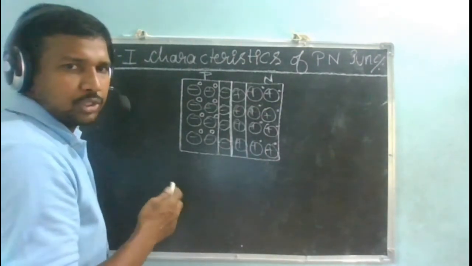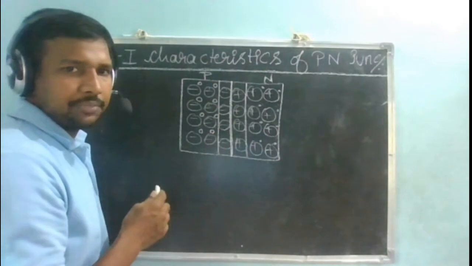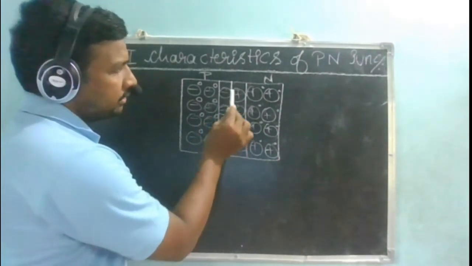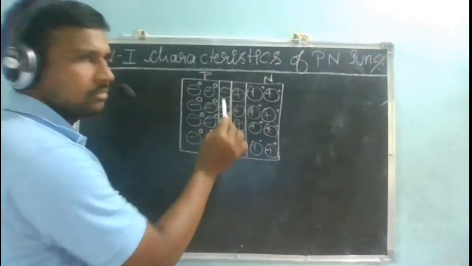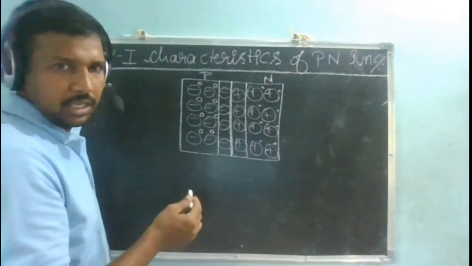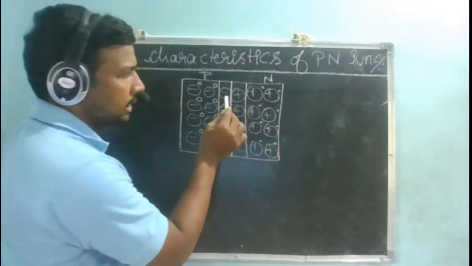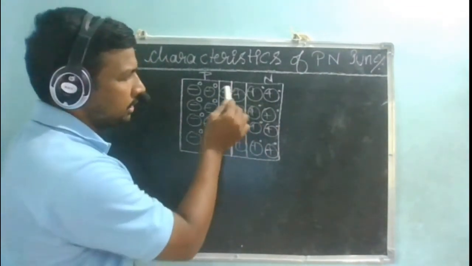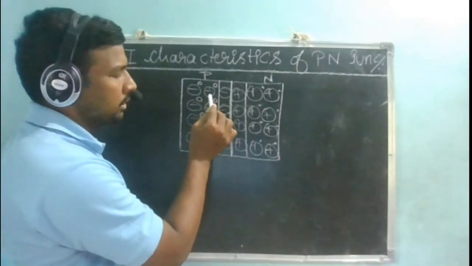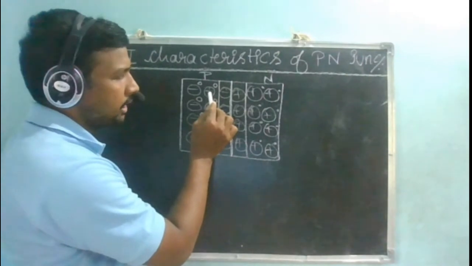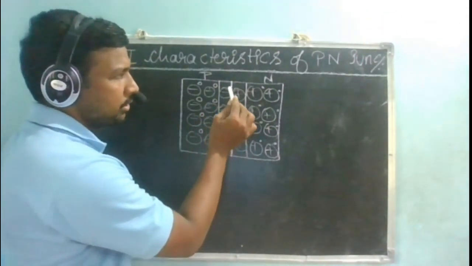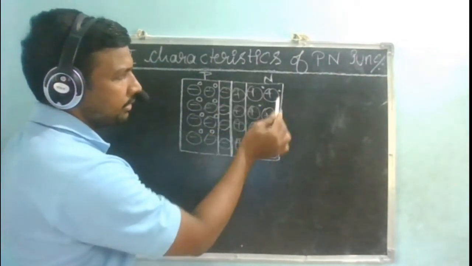As a part of this movement of charge carriers due to the diffusion process, whatever the holes that are associated with negative charged ions, they leave away this negative charged ion. Earlier this atom is neutral, but now this has become a negative charge because the hole associated with it has left away from it.